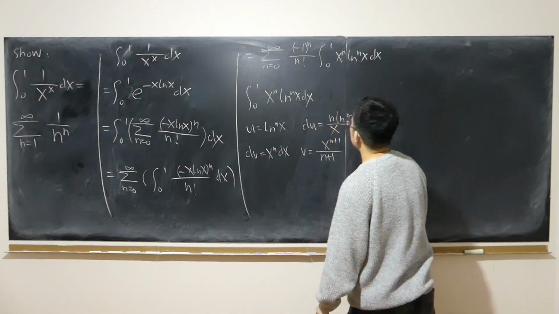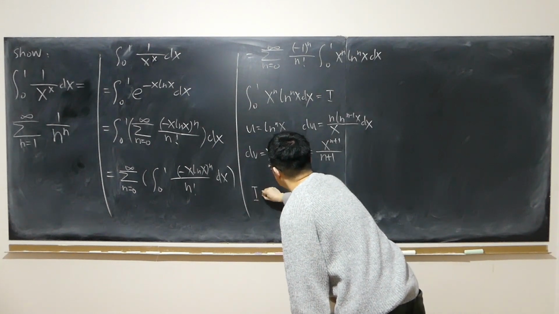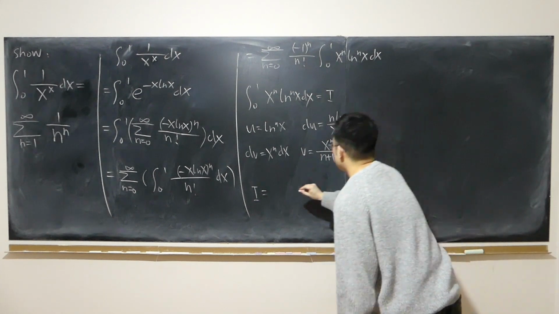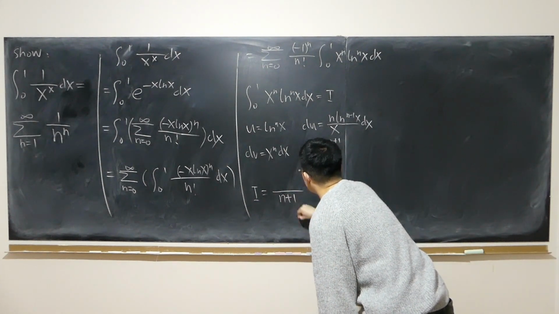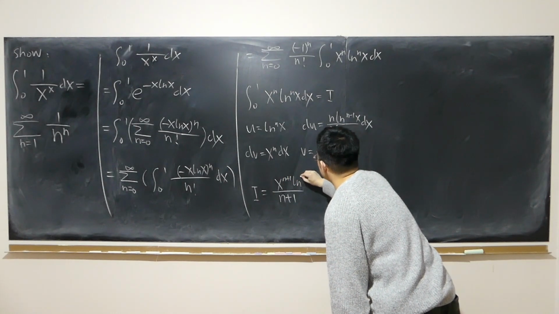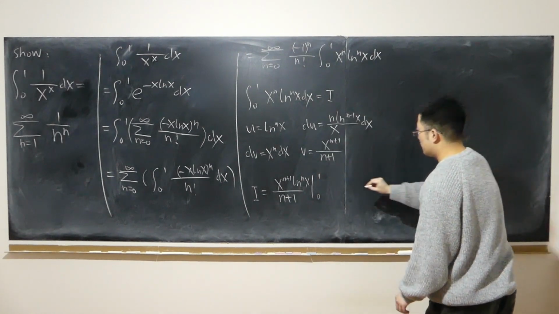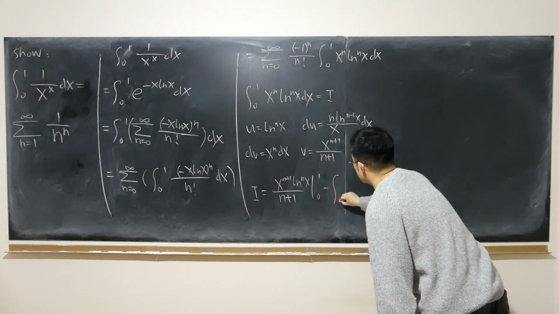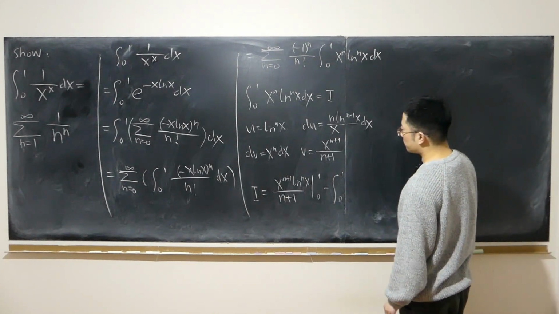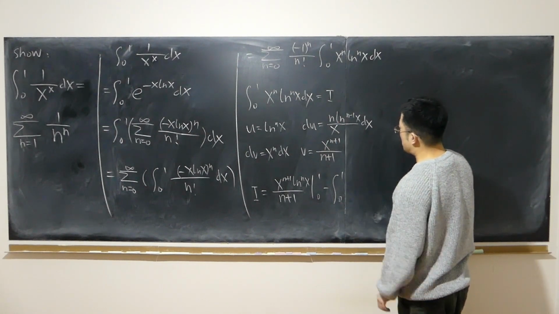Right? So that way this integral I is equal to uv, which is 1 over n plus 1 times x to the power of n plus 1 times log to the power of n of x, from 0 to 1. Then minus the integral from 0 to 1 of v du. u dv, v du, this times that.